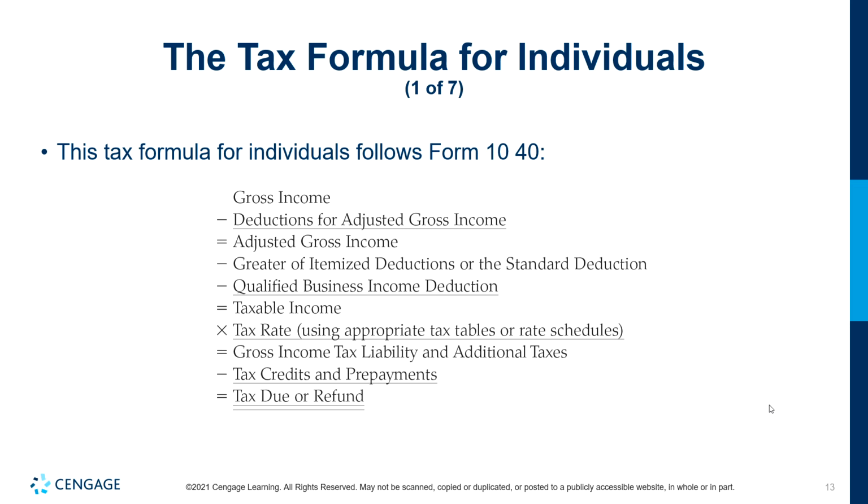And then we subtract the last and awesome thing, what we know as tax credits and prepayments. What that number shows us after that is if we still owe money or we get a refund. Now if it goes negative, it should be a refund. If it stays positive, then we're going to owe tax.